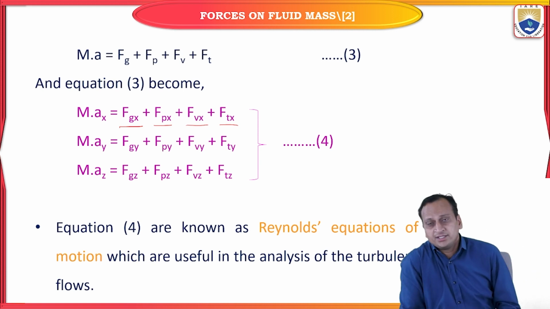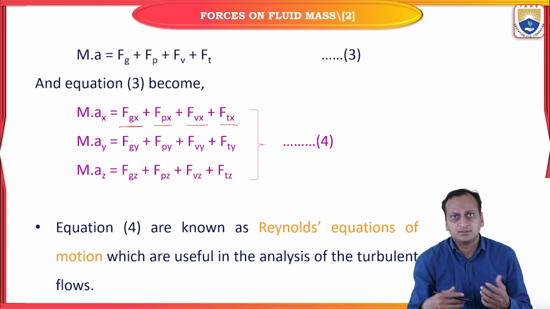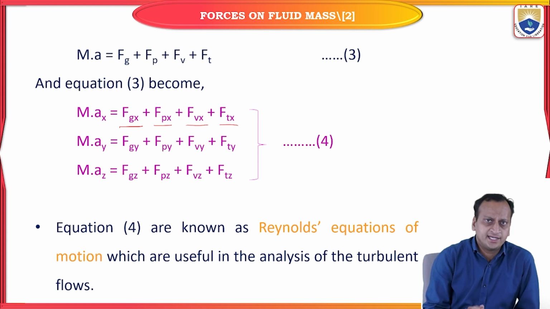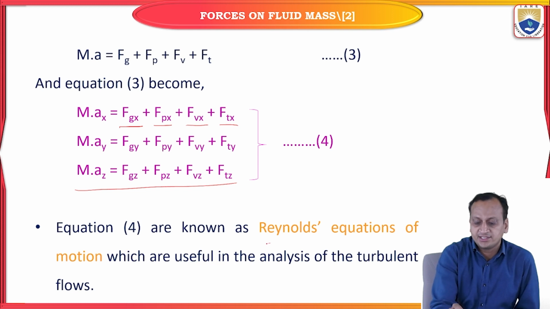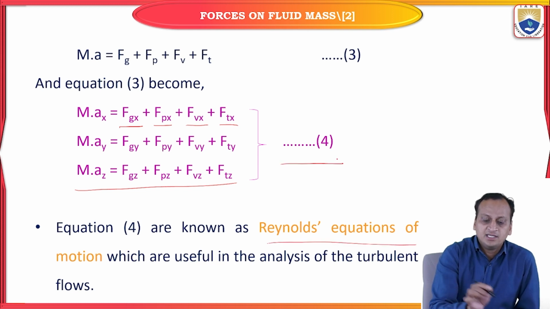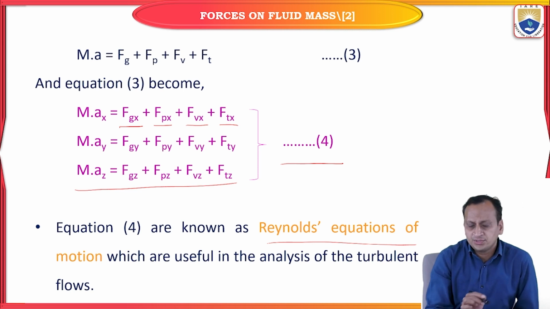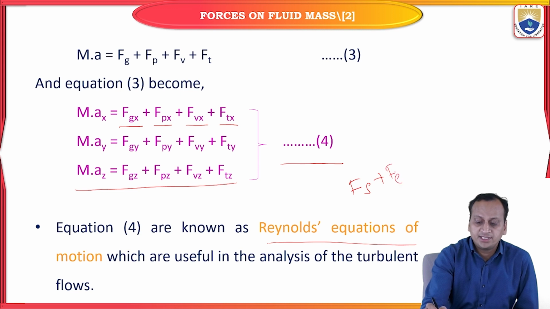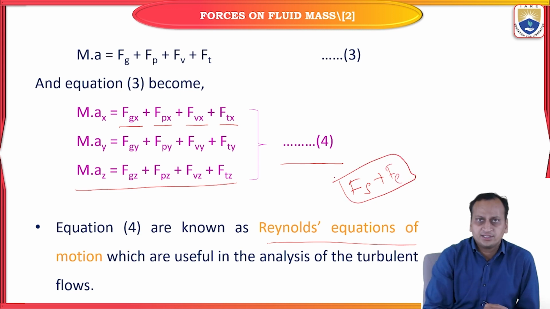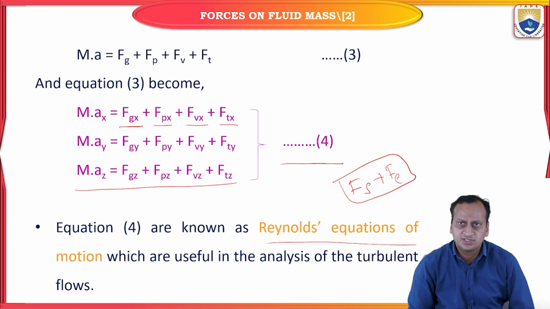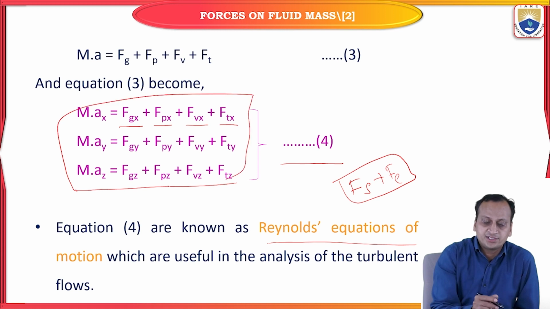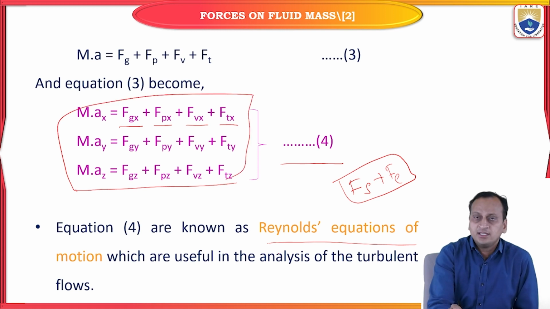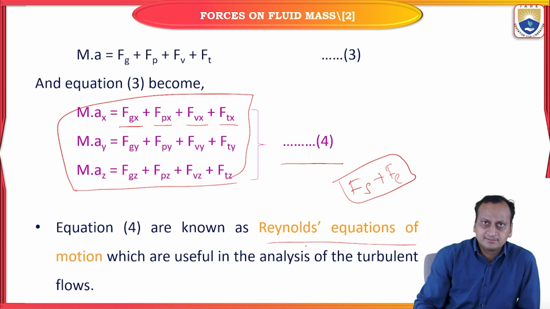If you resolve these four forces about the three different directions, the set of equations is known as the Reynolds equation. Equation 4 is known as the Reynolds equation, where the force due to surface tension Fs and the force due to compressibility Fc are eliminated because in some fluid flow problems these are insignificant. The resulting expressions about the three directions are known as the Reynolds equation of motion.